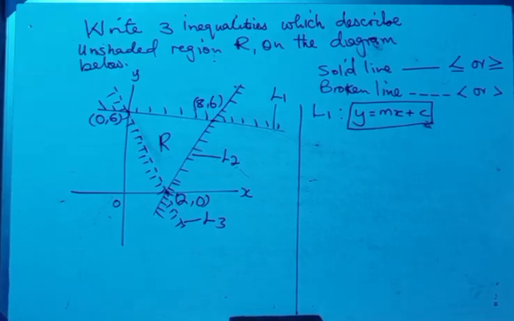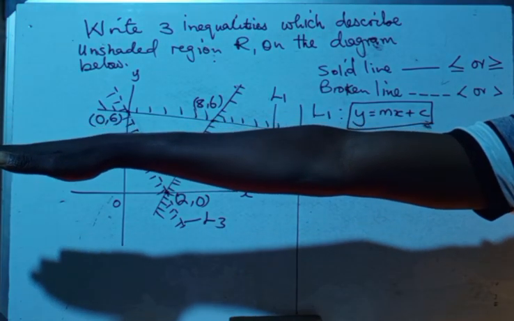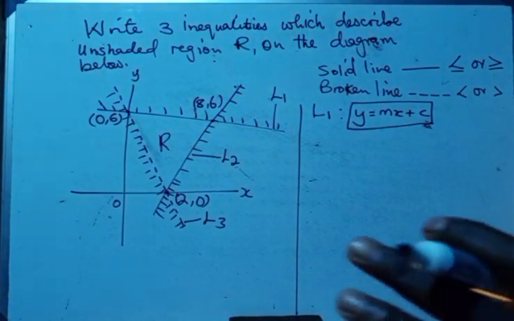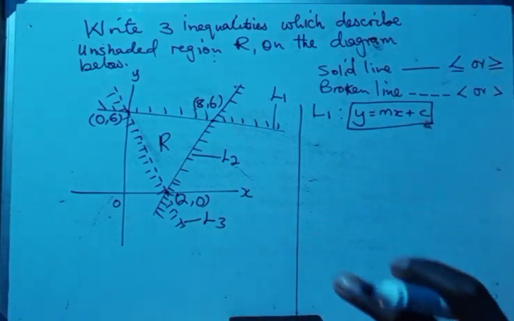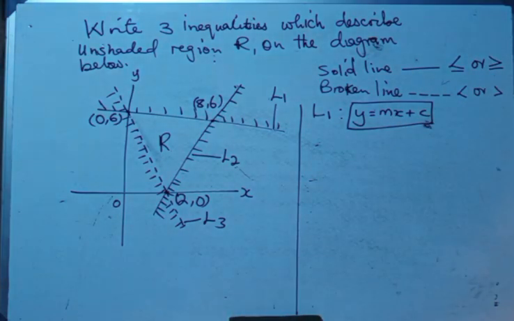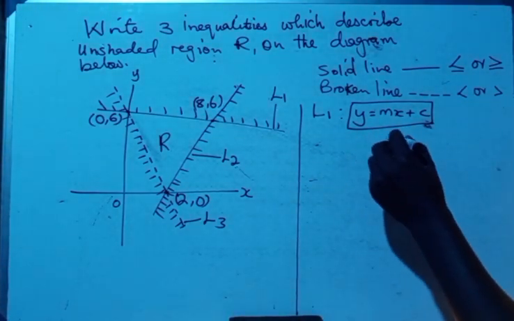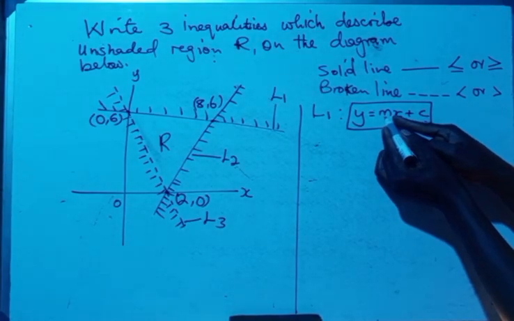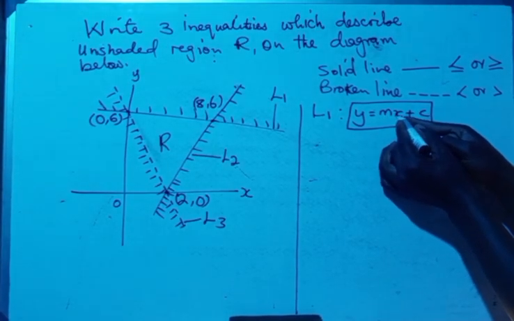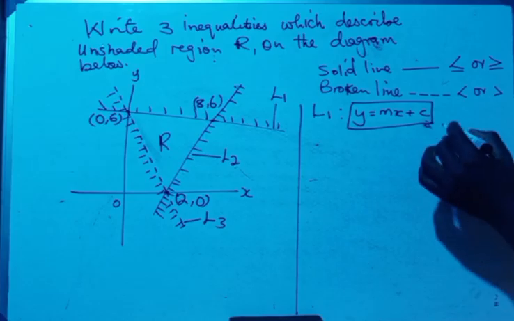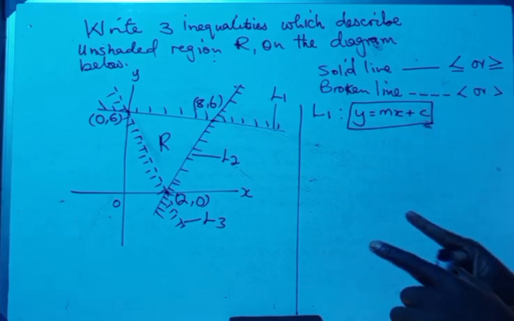Now, when the line is horizontal, the gradient of that line is always equal to 0. So where m, the gradient, is 0, we just remain with the y-intercept, which is c.